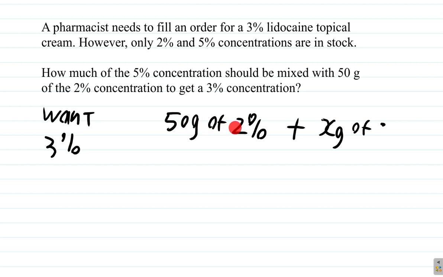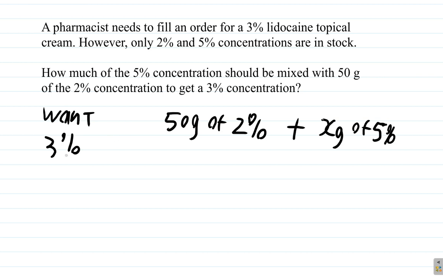You have 50 grams of 2% of the cream. You're going to add it to a certain amount, X grams, of the 5% concentration that you also have. It could be that you have an ample amount of 5% concentration, but only 50 grams of 2%. You want 3%.